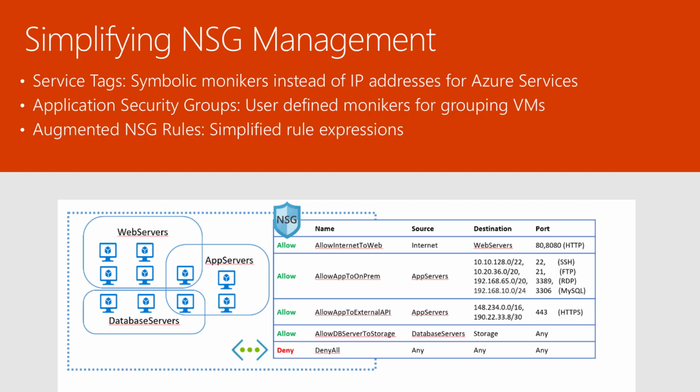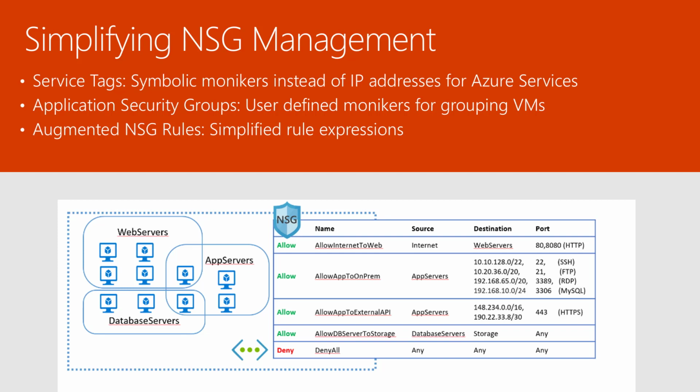So what Microsoft did was they put a bit of effort in this and provided more features to help simplify management of network security groups in Azure. And at Microsoft Ignite last year, that was in September 2017, they announced these three new features of the network security group to make life easier for administrators, people that administer network security groups.